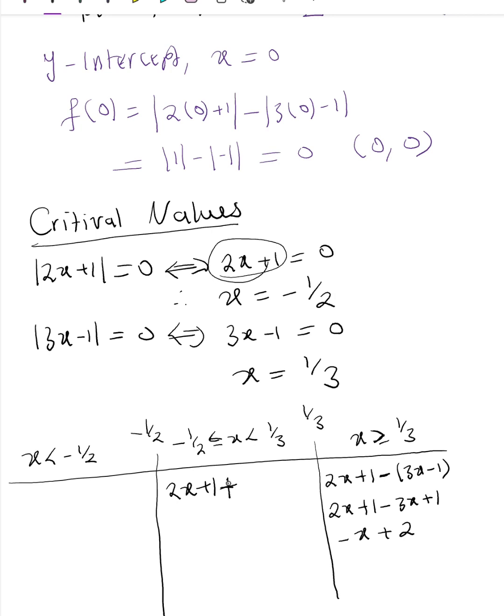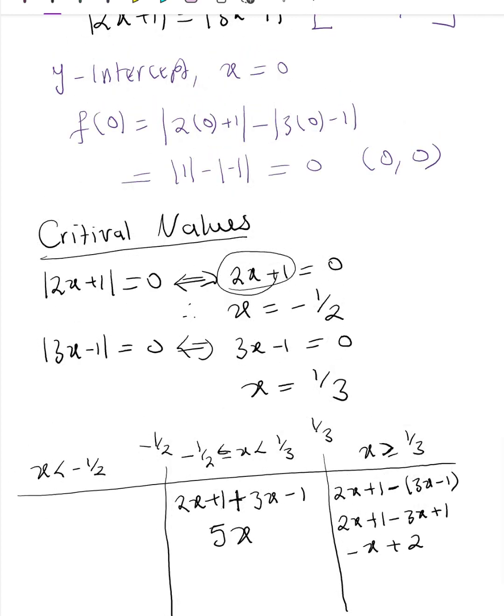So the sign from 3x minus 1 becomes positive, so this is 3x minus 1. Now that is 2x plus 3x, which is 5x. 1 minus 1 is 0. So this is just the line y is equal to 5x.